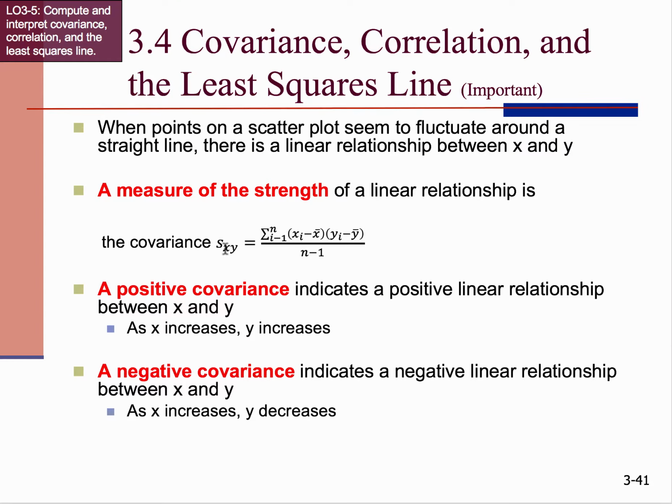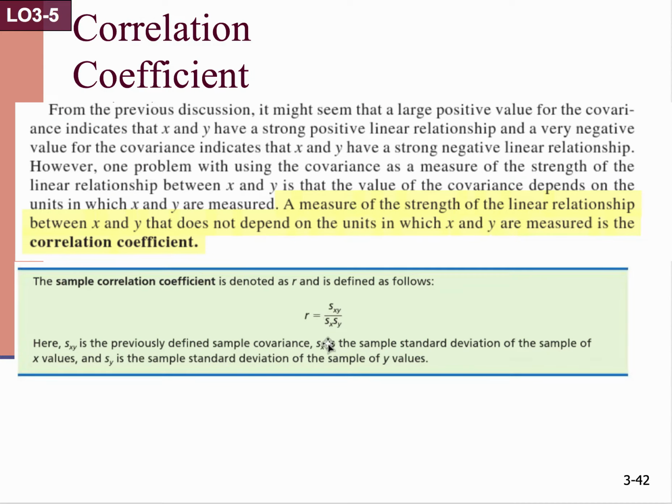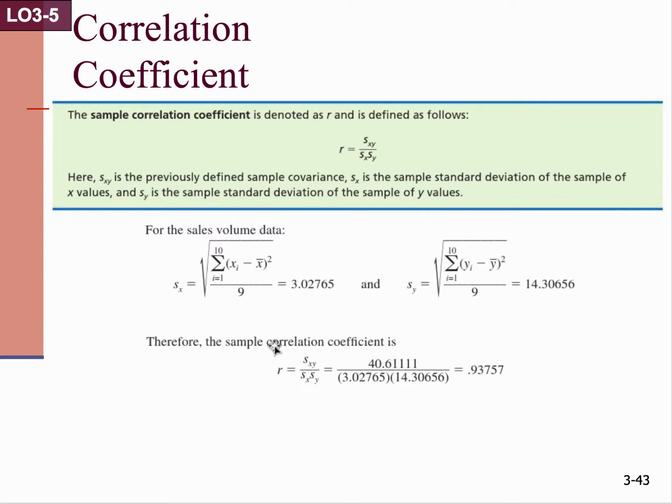However, you divide it by the standard deviation of x multiplied by the standard deviation of y. In this way, you standardize the value. So R can be the one that represents the actual relationship between x and y.